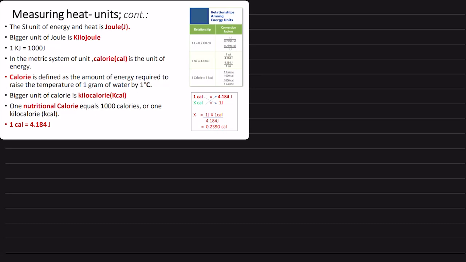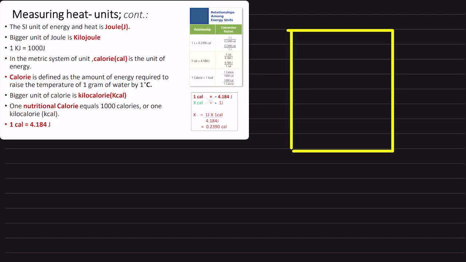Now we need to know what units are used to measure heat. In physics, you studied the basic units needed to measure heat. The SI unit of heat is joule. SI unit means standard international unit. The bigger unit of joule is kilojoule.